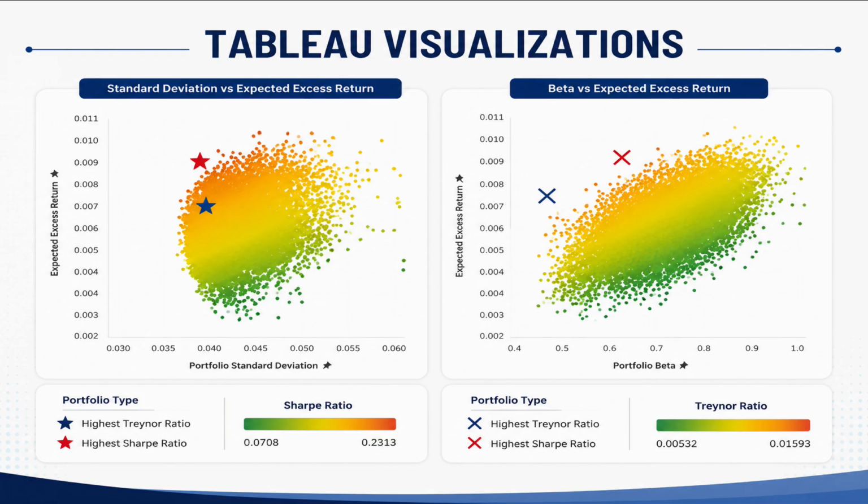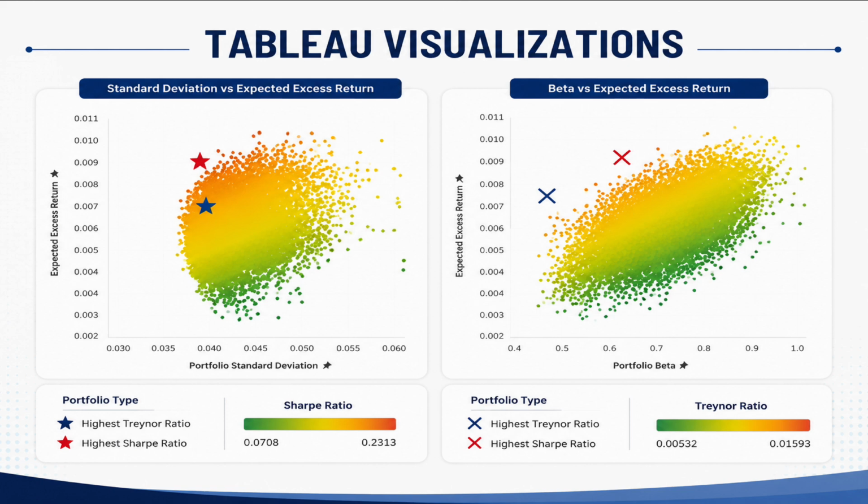For my section, I'll discuss the two Tableau visualizations created from the 10,000 randomly generated portfolios. The first scatter plot shows portfolio standard deviation on the x-axis and expected excess return on the y-axis. Standard deviation measures total portfolio risk, so this chart helps us evaluate how much return investors are receiving for the overall risk they are taking.